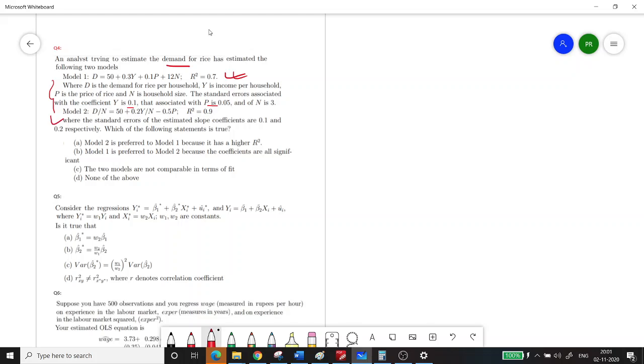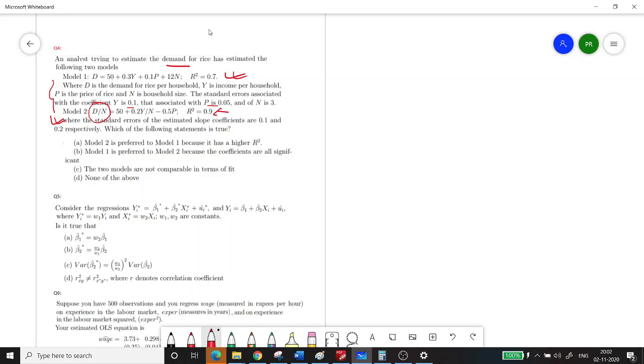Second model is a bit different, where demand per household and income variable have been divided by the household size, and that's how they come to this model.